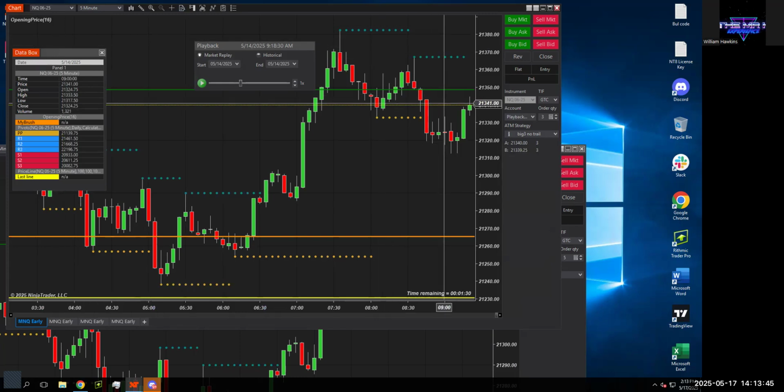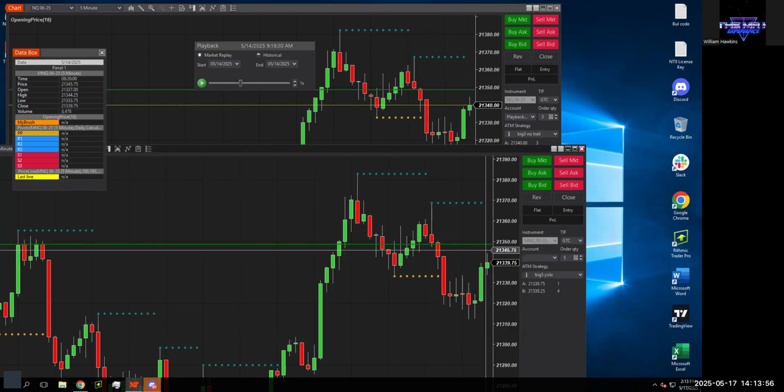So right here on NQ, let's see if it's any different. We have the open at 337. And on MNQ, where's it at? Because they have them pretty much the same. 337 double O. So you see the high on MNQ is 4425, whereas the high on NQ is 4475.